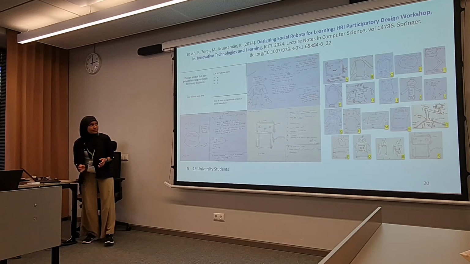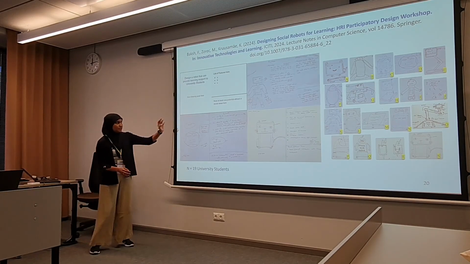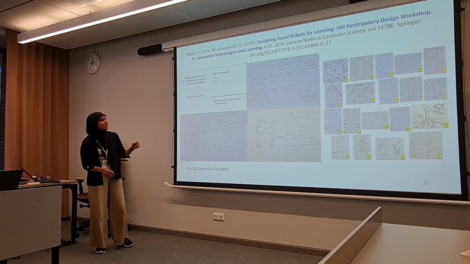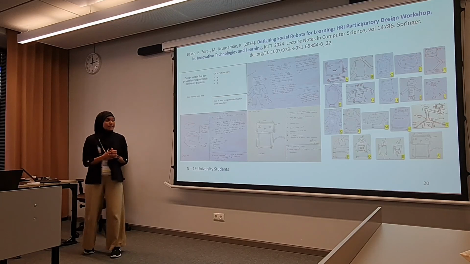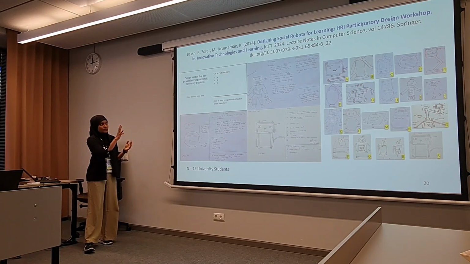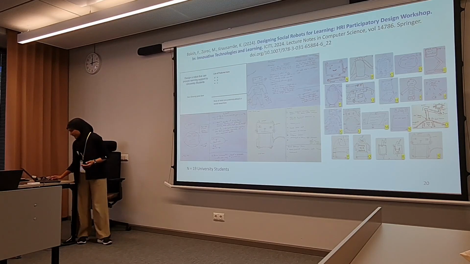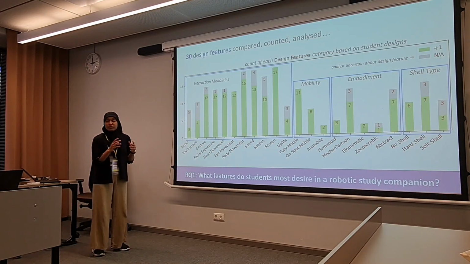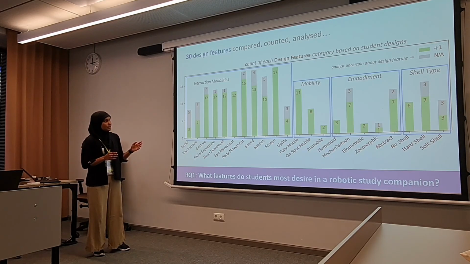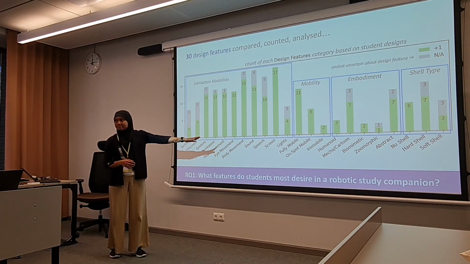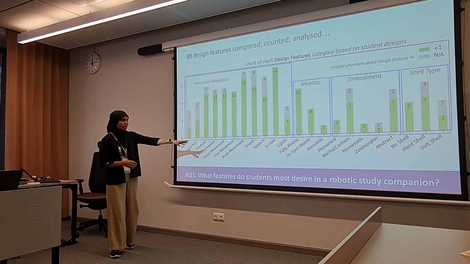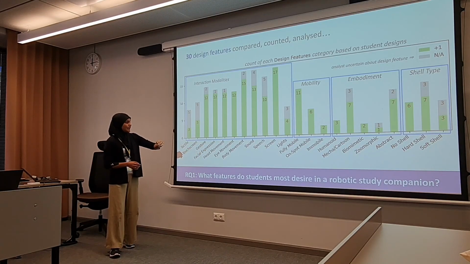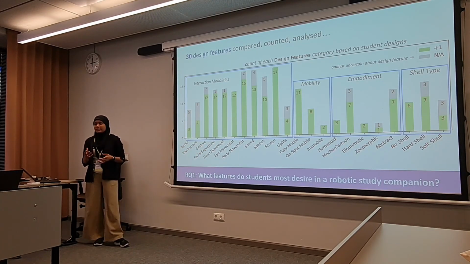And our results, well, each student, some of them did divide their paper as you see. We collected 19 papers, and we started analyzing them. And what did we find? Well, we found that University of Ghana students primarily want a screen on their robot. They do want some sort of sound and some sort of speech, and a lot of them want movements.